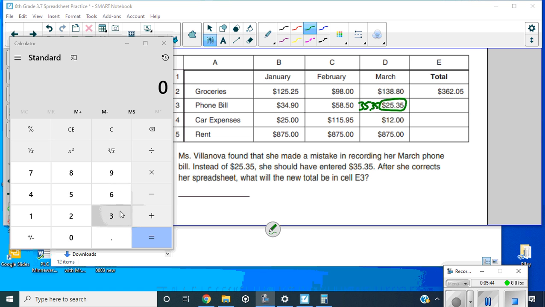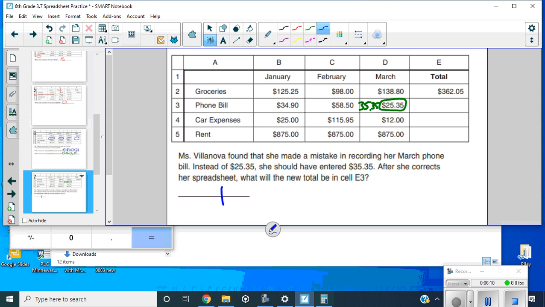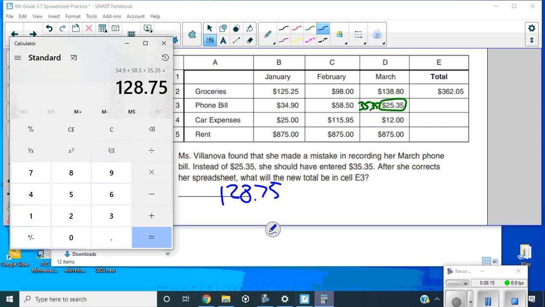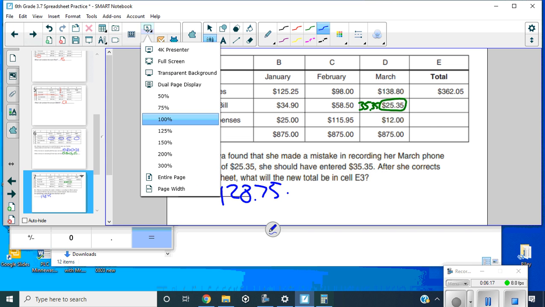We have 34.90 plus 58.50 plus, I apologize, 35.35 would give me a total of $128.75. Is that what that total was? 75 cents. Perfect. Let's move on. A little help of a calculator there.